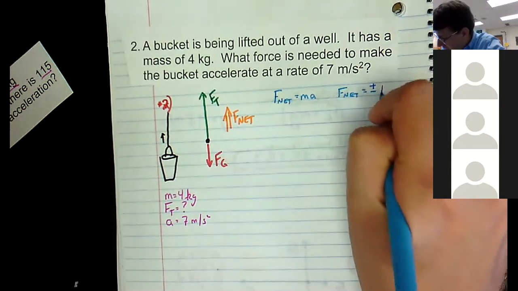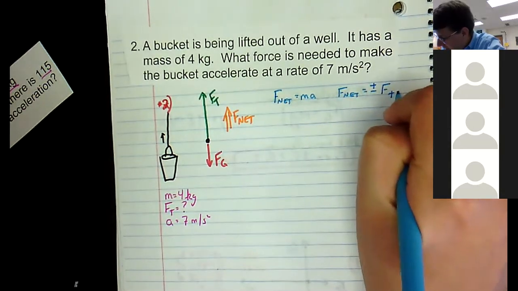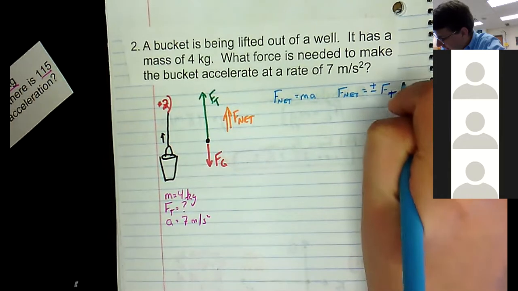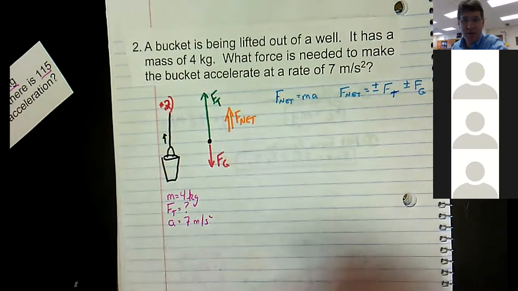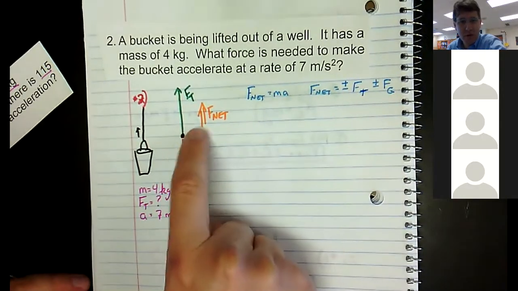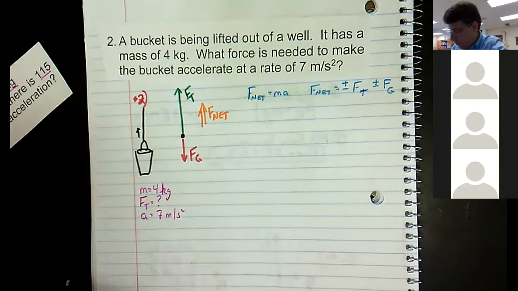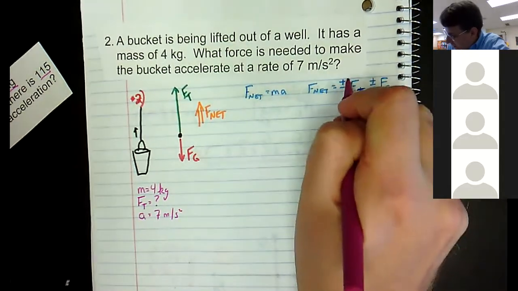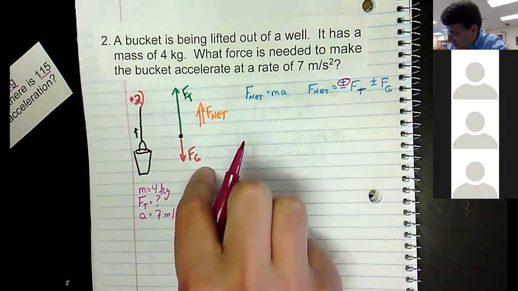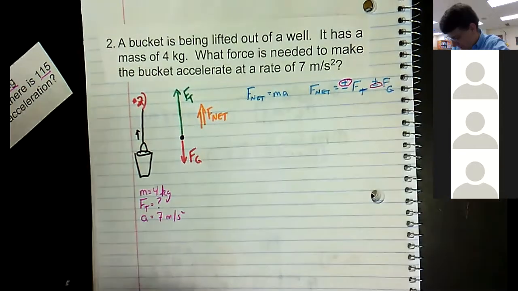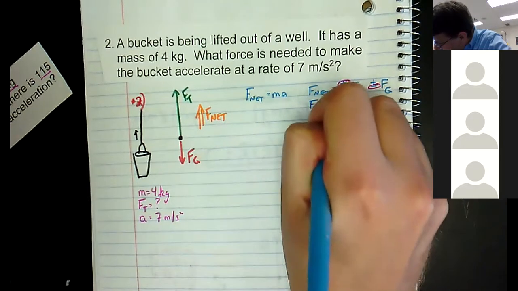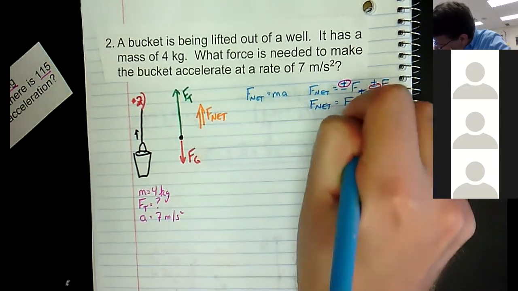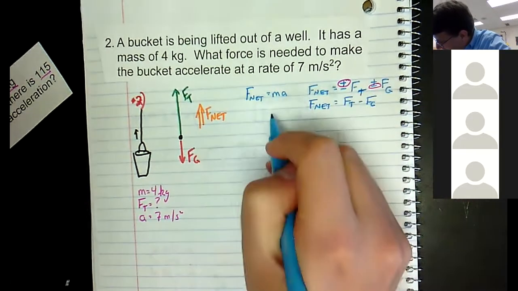We know our 2 forces are FT and FG. Is tension going to be positive or negative? It's going with the net force, so tension is going to be positive. Gravity is going against it, so it's going to be negative. So this equation becomes F net equals FT minus FG, and then I combine them.